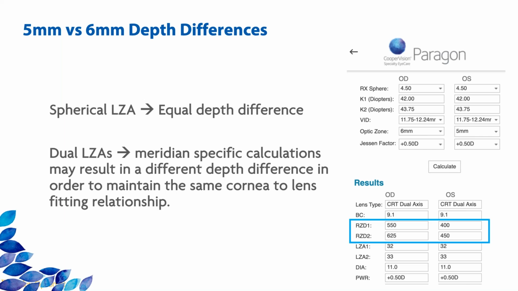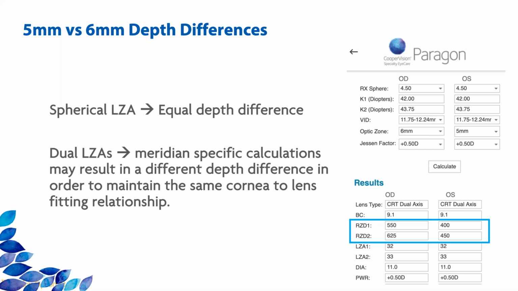The troubleshooting thinking philosophy is exactly the same as in the 6mm lenses. I tend to fit CRT lenses on the larger diameters to really ensure a pretty ideal centration from the beginning. As you can see from the studies, I have used the lenses all the way up to a 12 millimeter diameter. So if I'm seeing a lateral decentration, whether it's a 5 or 6 OZ, I will most likely increase the diameter of the lens to improve centration.